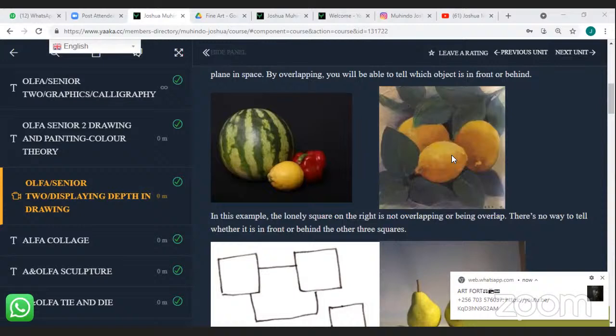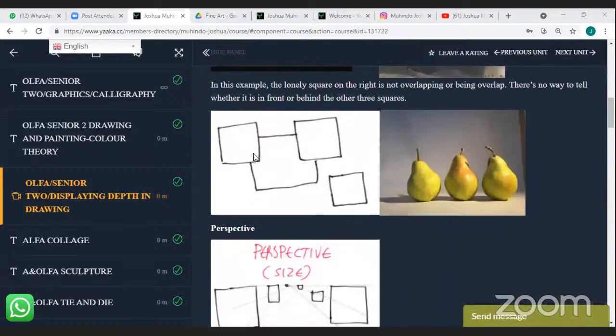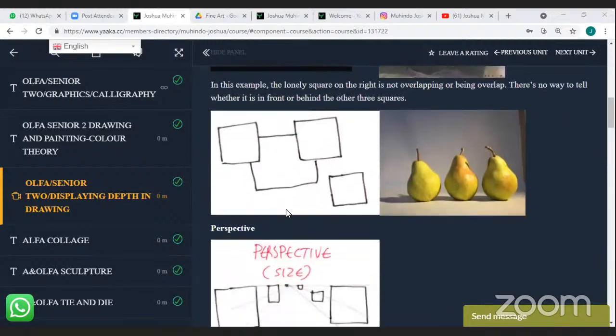So when we create those different layers or planes, it gives us the three-dimensional effect, or creates depth in the drawings you make. You can see with these small squares that all of them are compacted, and that's what overlapping is all about. More to it, when we overlap areas that are in front of the other, we tend to create some tones to show that this object is in front and the other one is behind. So it is very key for us to get to know that.